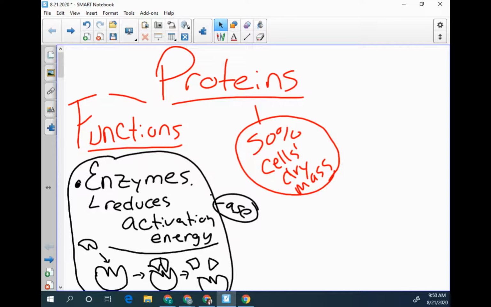Scientists usually do that by taking a cell, spinning it down, weighing that, and adding a bunch of stuff that'll dissolve everything but proteins, and then spinning it down and weighing that, and from that they can determine that about 50% of a cell's dry mass is just proteins.